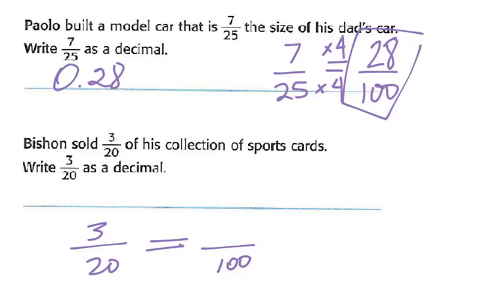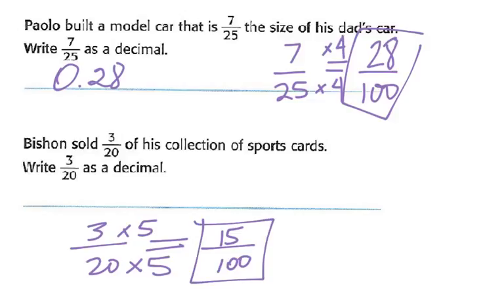Alright, hopefully you had a chance to solve it. We have 3/20 and we want to make something equivalent with a denominator of 100. So 20 times 5 equals 100, therefore I'd multiply 3 times 5, which equals 15. 15 hundredths could be written as 0.15.